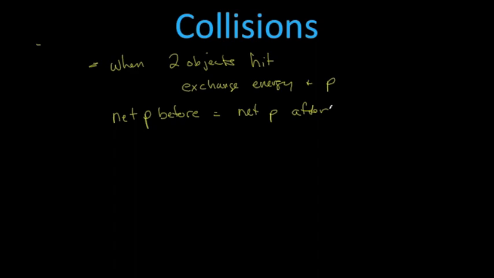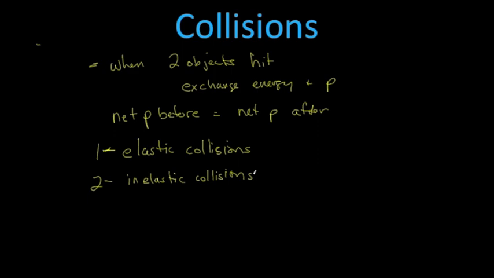What types of collisions are there? There are two types that we're going to discuss this year. There are elastic collisions. A little trick to remember that: I think of elastic, I think of something that's bouncy. So in an elastic collision, the objects bounce off one another without being deformed. And then we have inelastic collisions, in which the objects hit each other and deform.